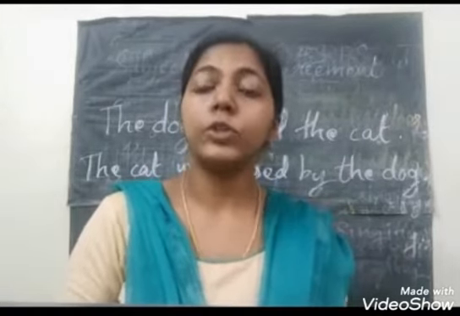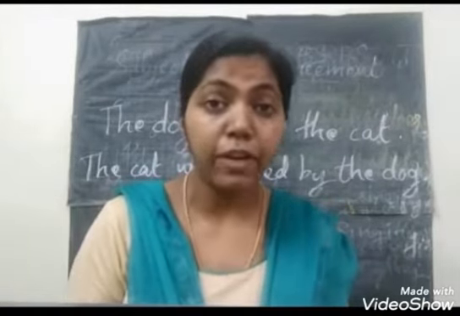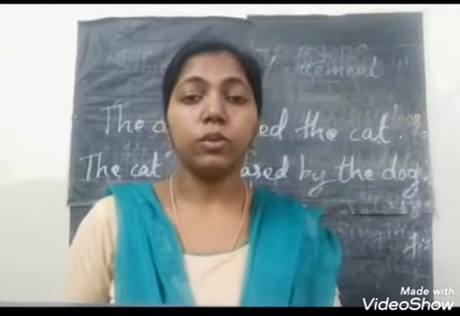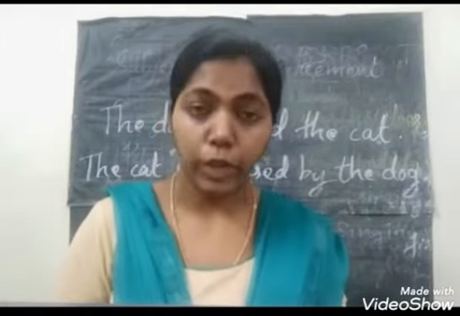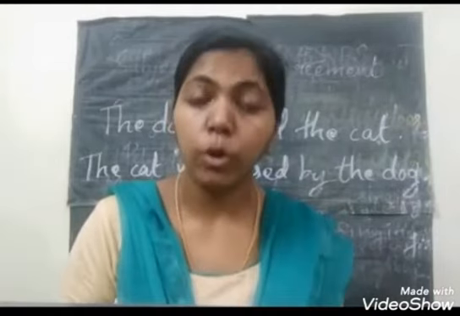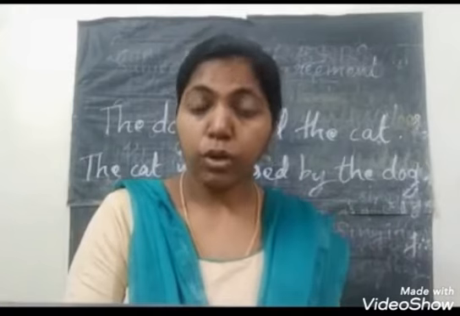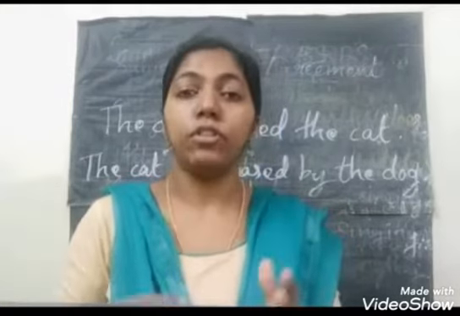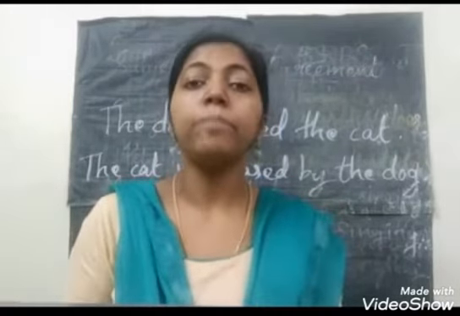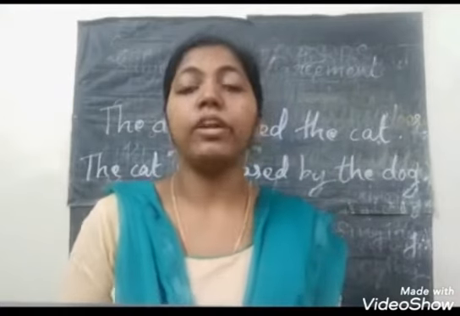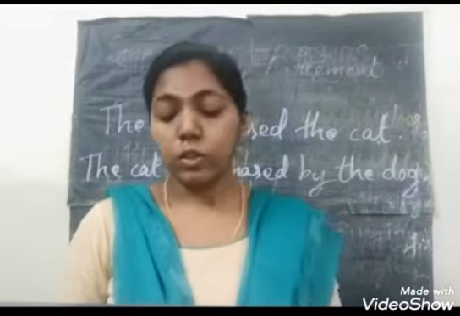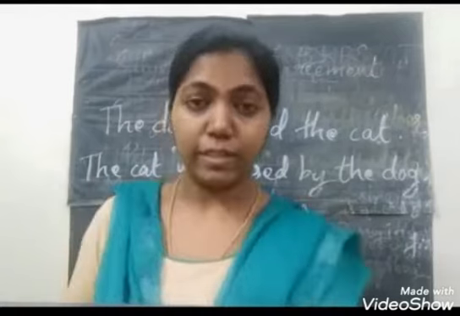If it is a transitive verb, it will definitely have an object, so you have to mention the object also. If the verb is intransitive, whatever word comes after the verb is the complement of the verb. This is how you have to do this exercise.